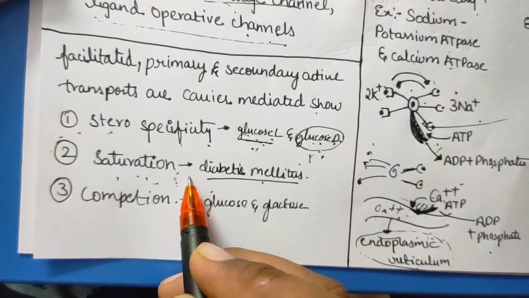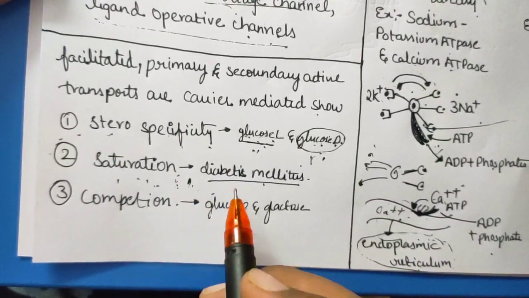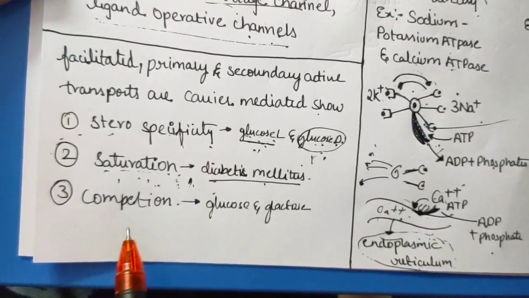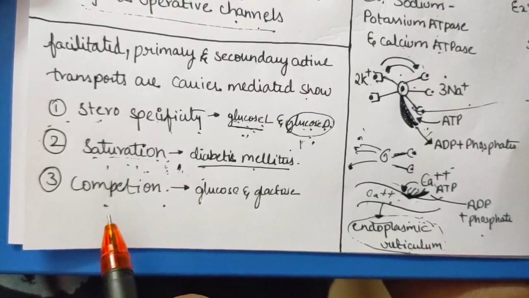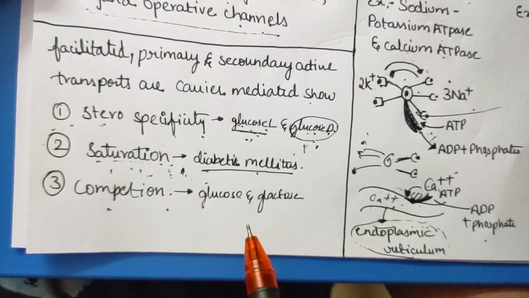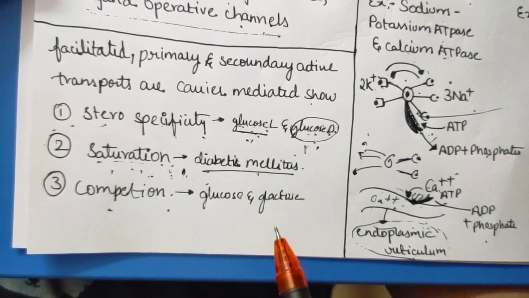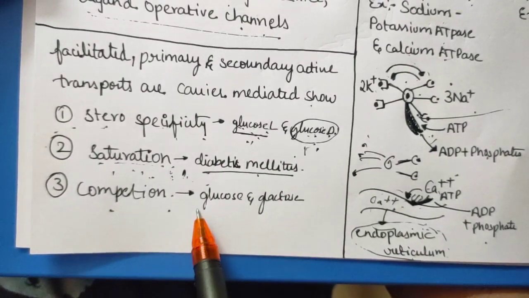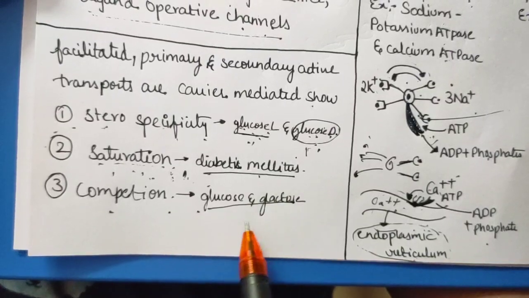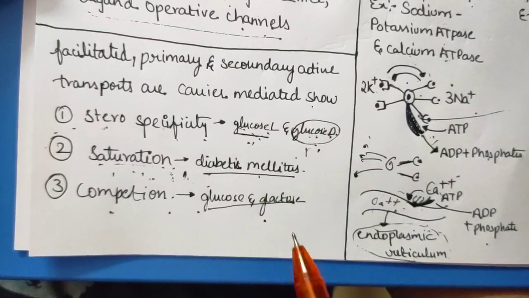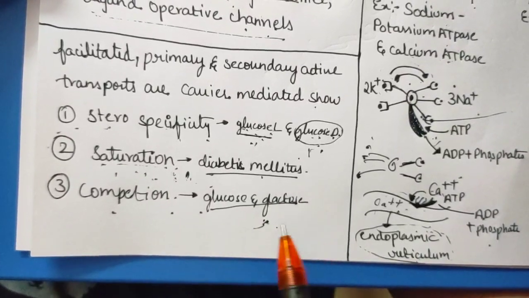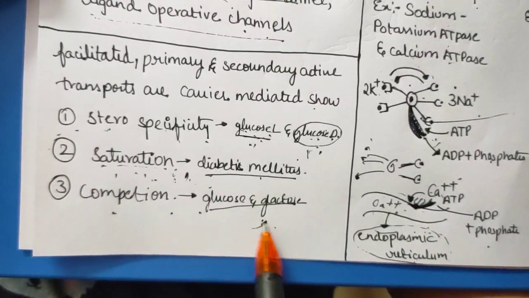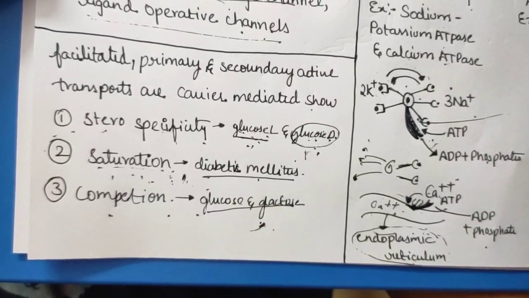So we can see glucose in urine. This is known as saturation. Then competition, where similar molecules will compete with each other to pass through the channels. For example, glucose and galactose are similar in structure and molecule, so they will compete with each other to go inside the channels.